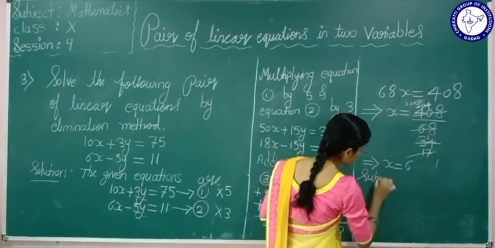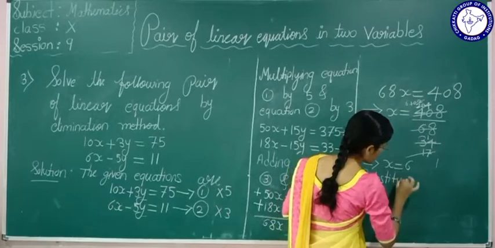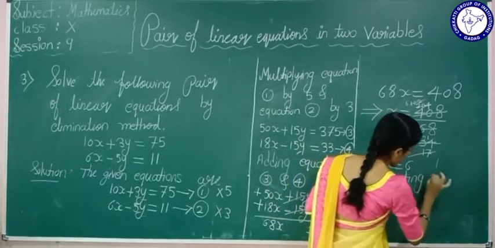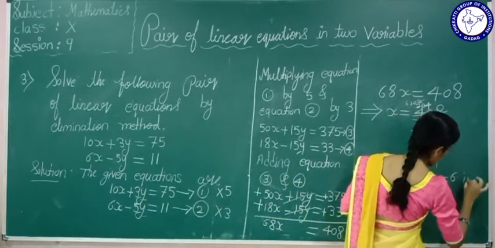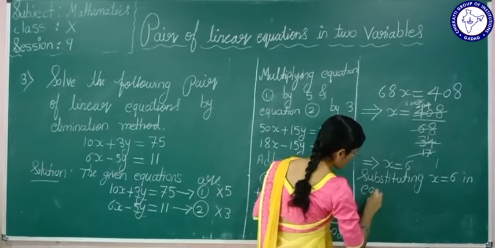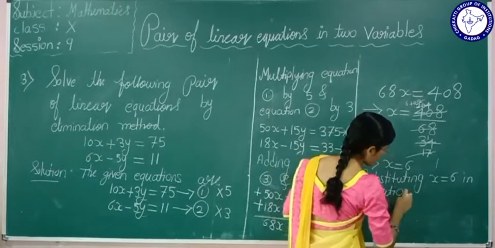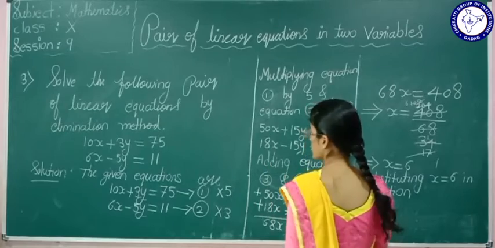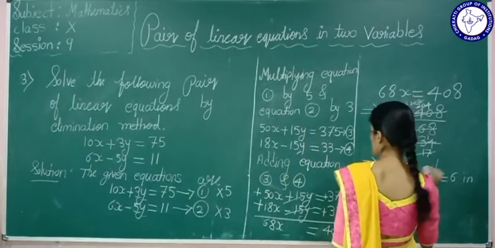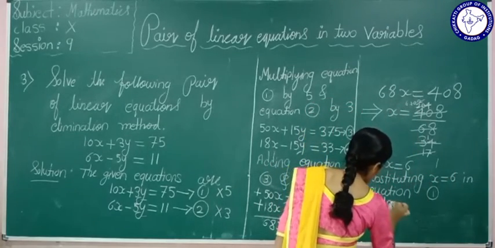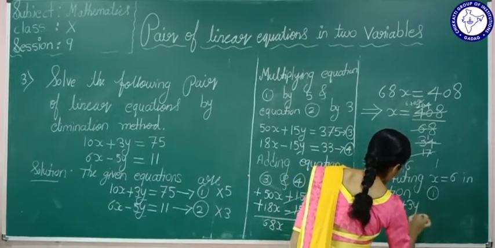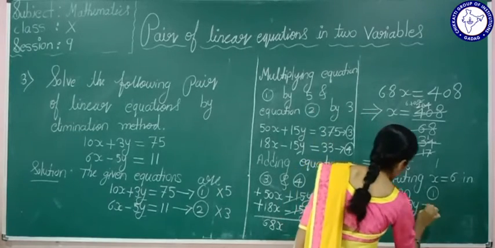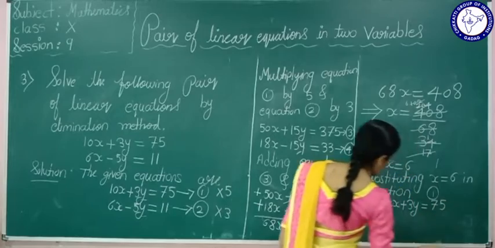So substituting x is equal to 6 in equation 1. What is that equation 1? 10x plus 3y is equal to 75.